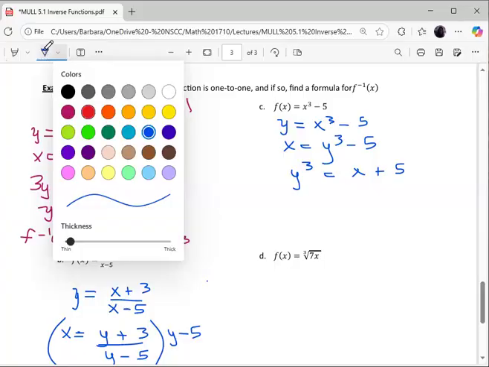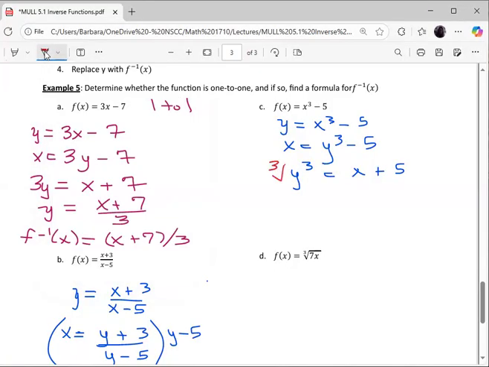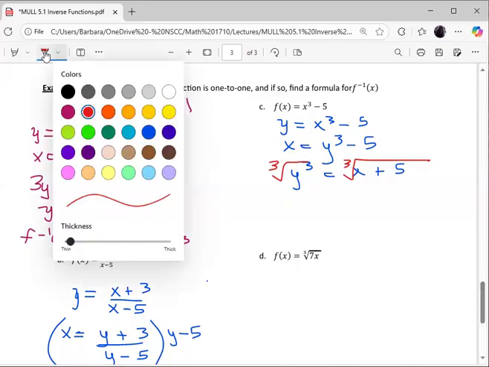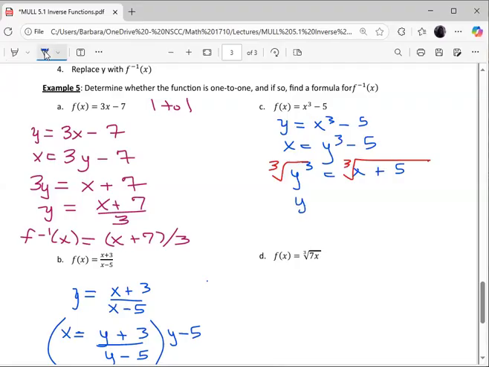We take the cube root of both sides. And so y equals the cube root of x plus 5. Last step is rewrite f inverse of x equals the cube root of x plus 5.